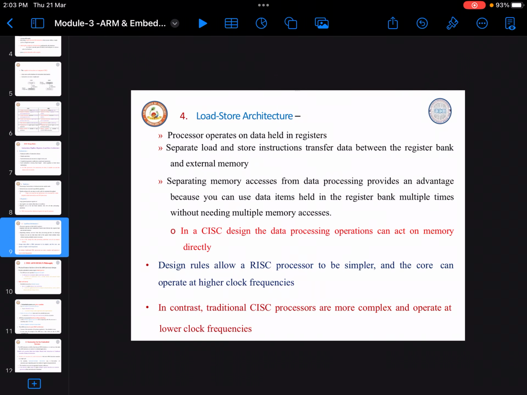So with this we can conclude that traditional CISC processors are more complex and operate at lower clock frequencies, whereas RISC operates at higher clock frequencies and is a simple one. So the design rules are simple with a RISC processor. The ARM processor is implemented using the RISC type.